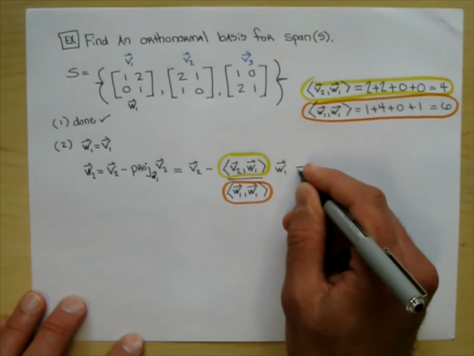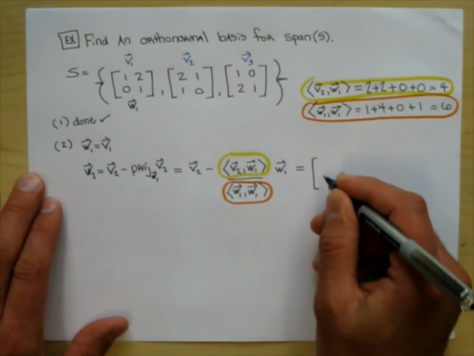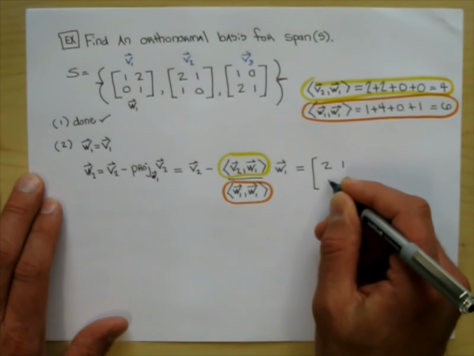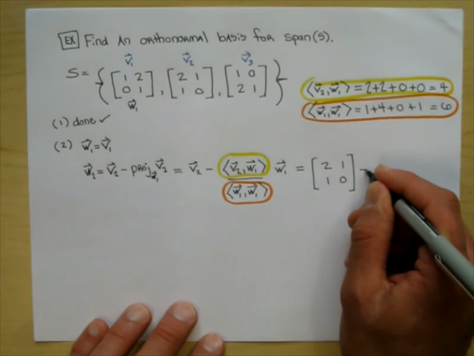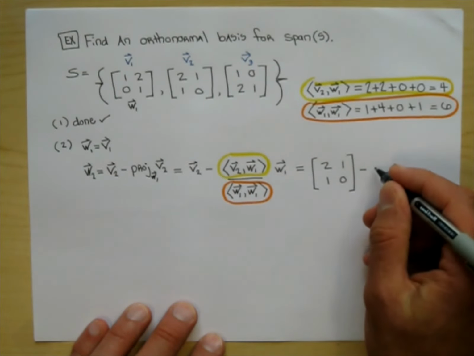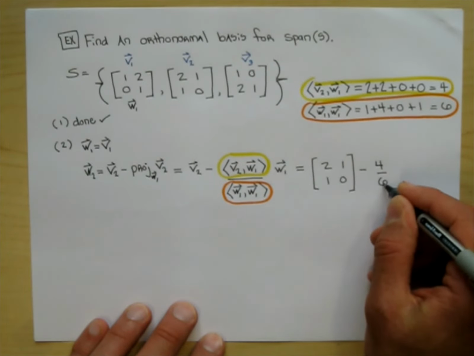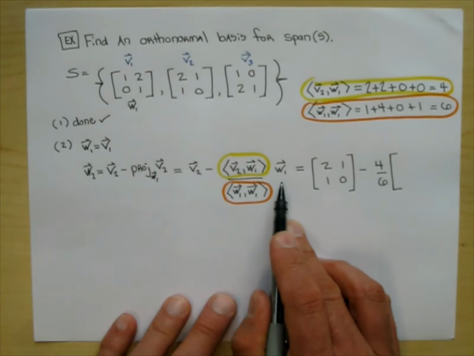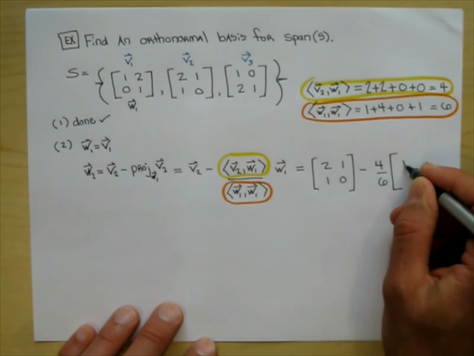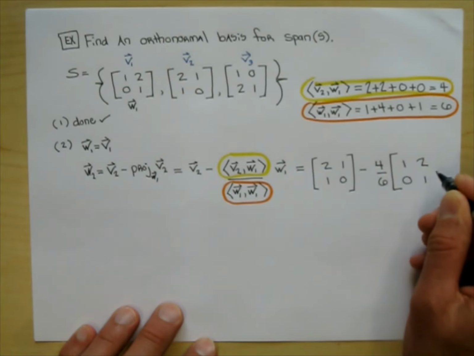So let's go ahead and write out what everything is. V2 is this guy right here: 2, 1, 1, 0. Minus the yellow part, which is 4, and then the orange part, 6. Then I have W1, which is 1, 2, 0, 1.